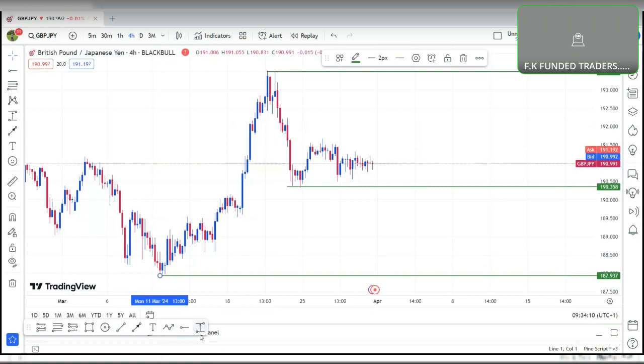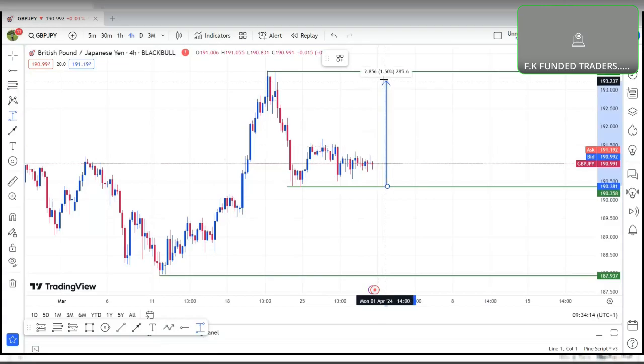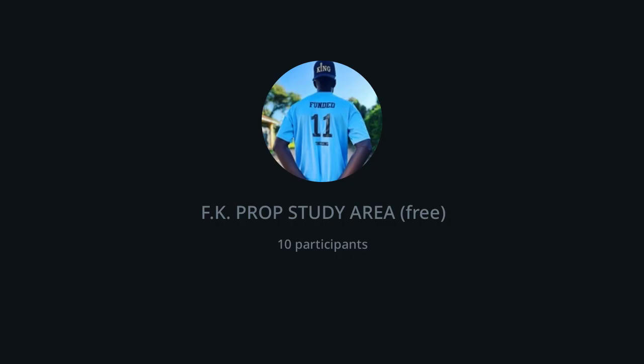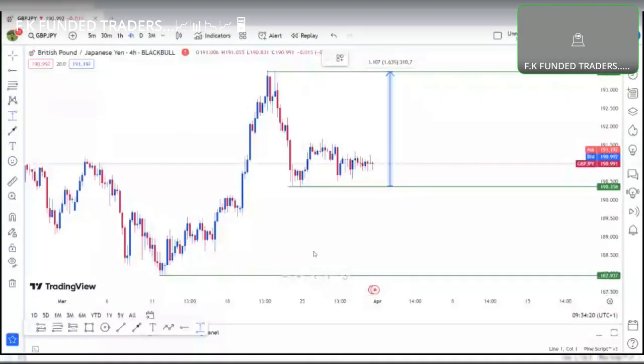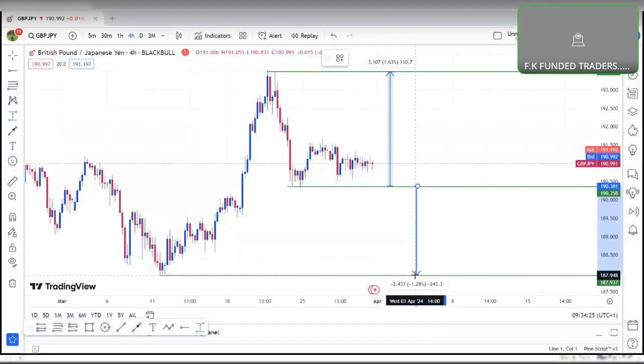You must be calculative. If you look here clearly, we have around 3,300 pips on GBP JPY. Then if you look from where the last wick was, we're also having 240 pips, 45 pips.